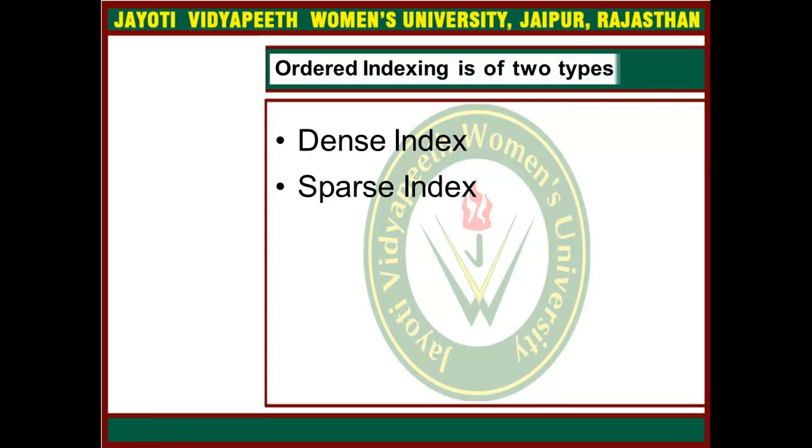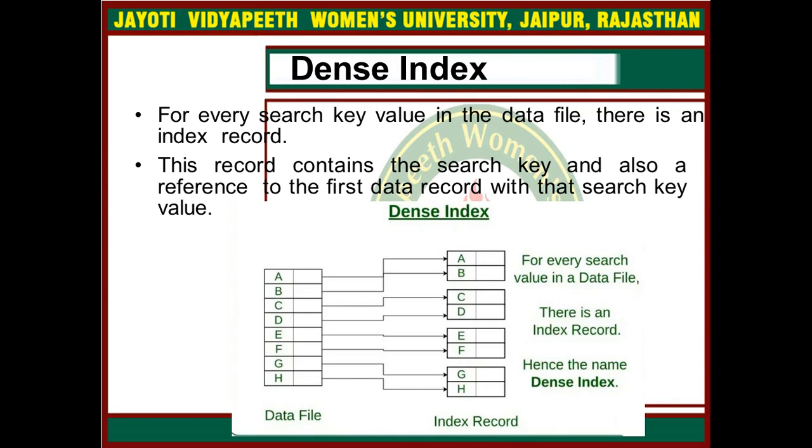Now, ordered indexing is of two types. First is the dense index, second is the sparse index. Dense index means for every search key value in the data file there is an index record. This record contains the search key and also a reference to the first data record with that search key value.